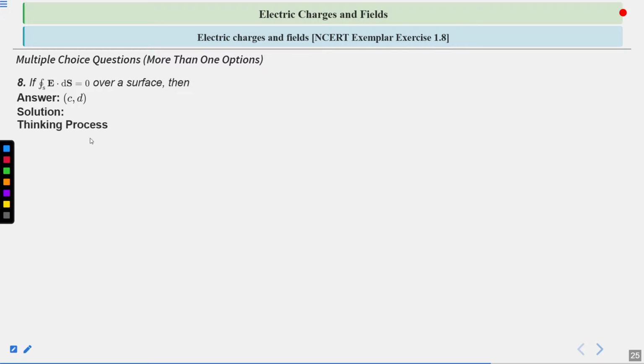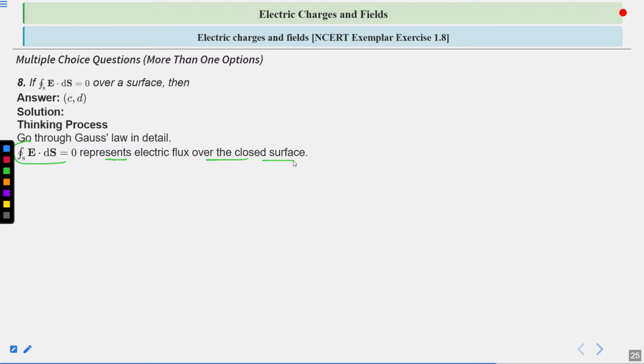First, we will learn the thinking process. So let's go through Gauss's law in detail. According to Gauss's theorem, closed integration E dot ds represents the electric flux over the closed surface. This one, closed integration E dot ds.